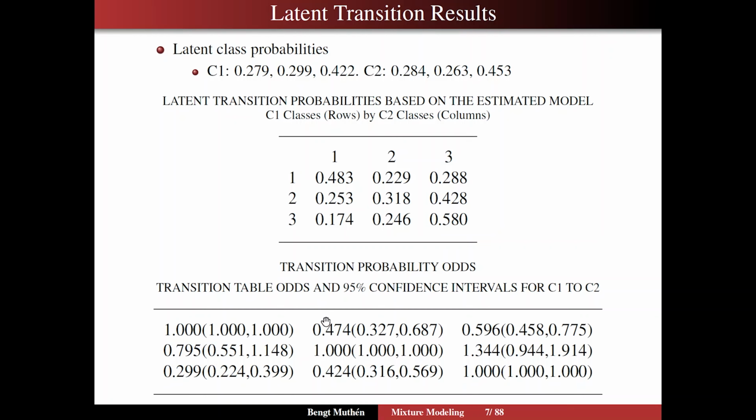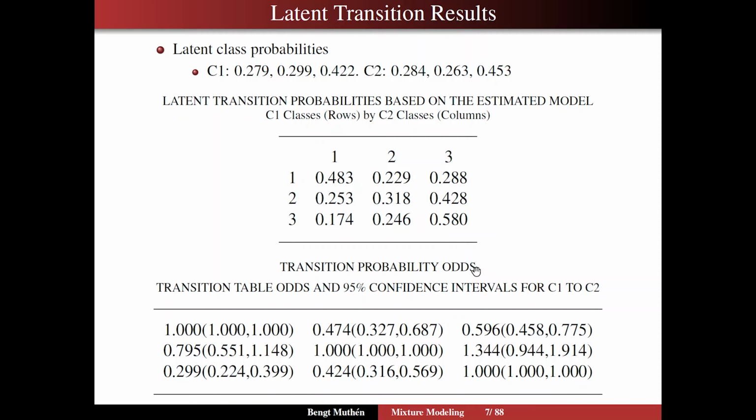So the key question is if the confidence interval includes 1, making it insignificant, versus not including 1. And the odds can be either smaller than 1 or greater than 1. With x's included in the model, we also have transition probability odds ratios, because then we're talking about 2 variables.